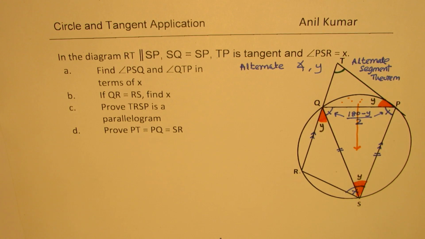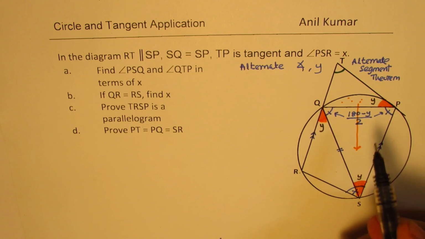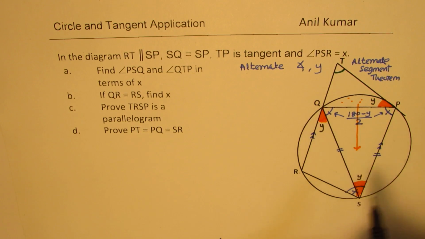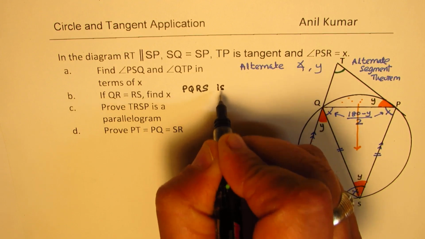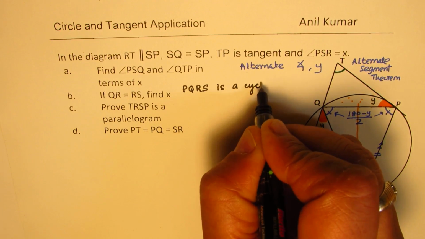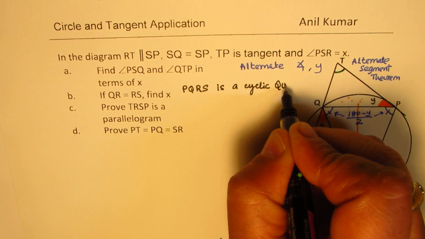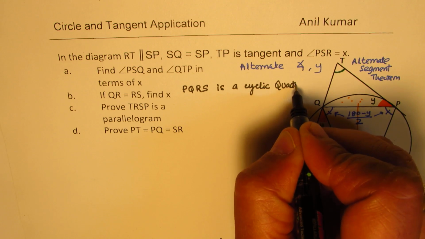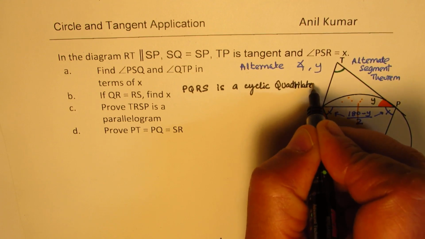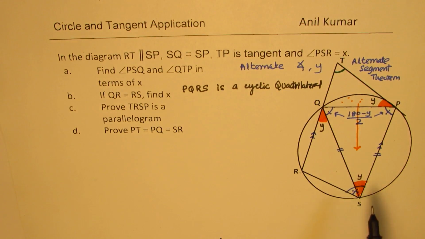Okay. Now, we know we have a cyclic quadrilateral here. So we can say that PQRS is cyclic. That really means that the sum of opposite angles should be 180 degrees, right?